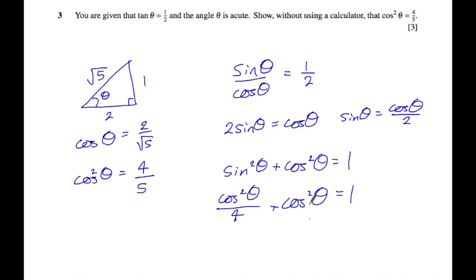Now how many cos squared thetas have we got? We've got 1 plus a quarter, in other words, 5 quarters cos squared theta. Then if we divide by 5 quarters, we get 4/5 on the right. Just to make that clear, 1 over 5 quarters, we times top and bottom by 4, we get 4/5.